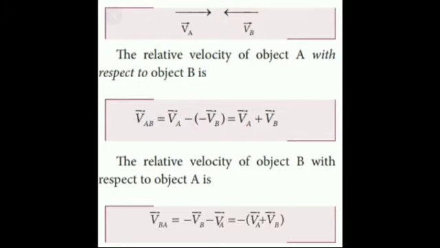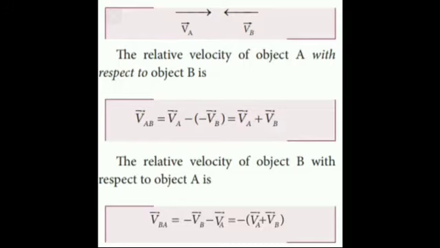The relative velocity of object A with respect to object B is vector VAB is equal to vector VA minus vector VB. Next, the relative velocity of object B with respect to object A, VBA, is equal to vector VB minus vector VA.